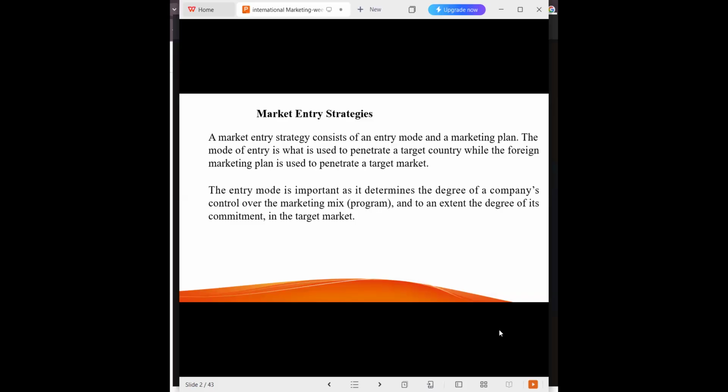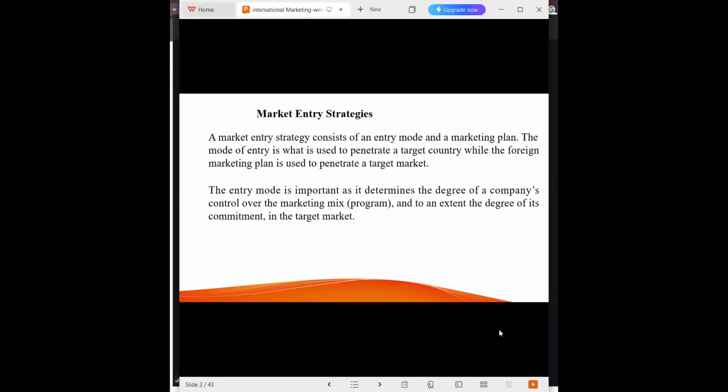When you see the marketing mix programs, we are referring to the 4Ps, that is the product. So the entry mode determines the degree of a company's control over the product, over the price. Pricing strategy is quite important, over the distribution channels, and over the promotional communication mix. So that is very important.